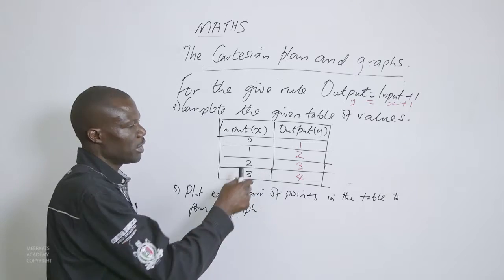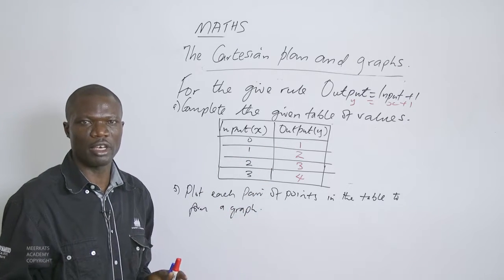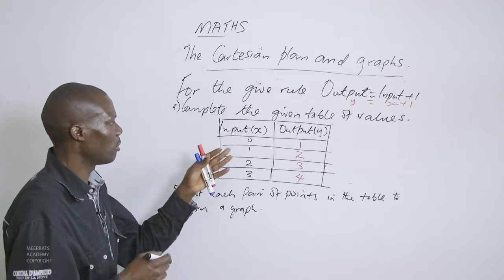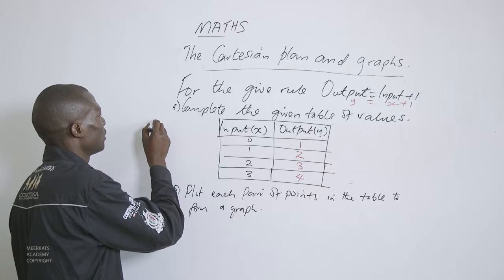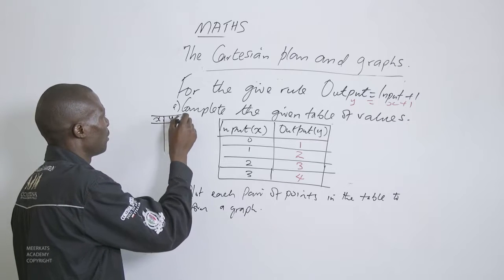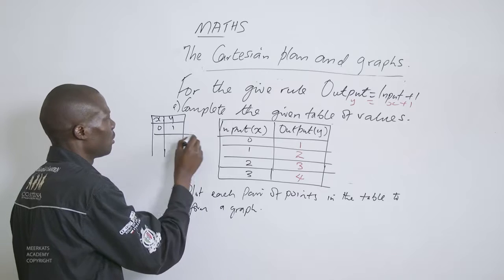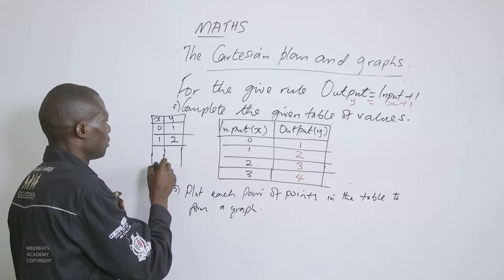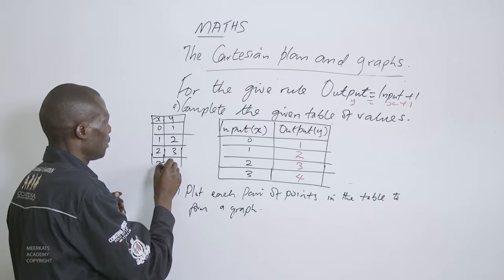So we are going to reserve this, and then we shall use the values that we have here to plot our points on a graph. So I'll have our x and our y. When x is 0, y is 1; 1, 2; 2, 3; and 3, 4.